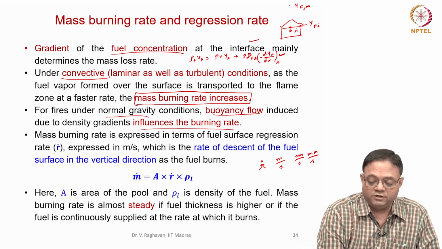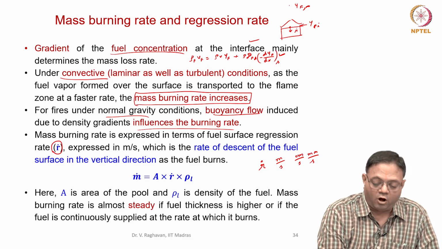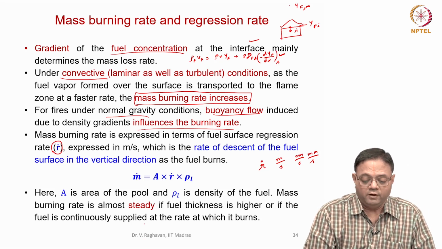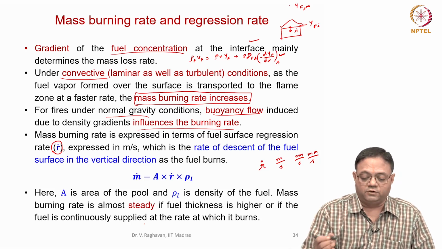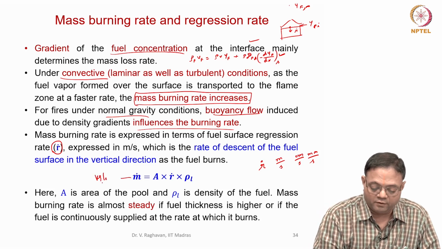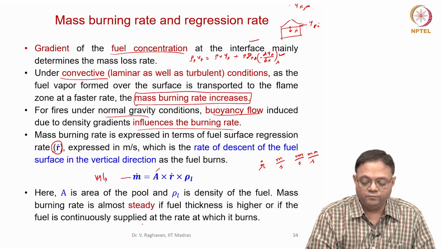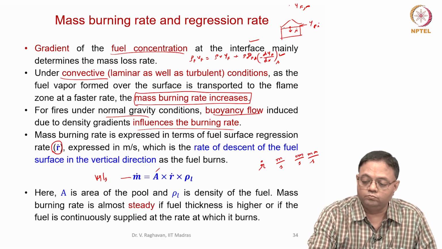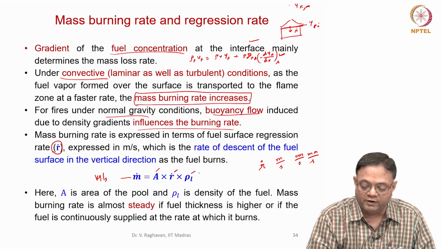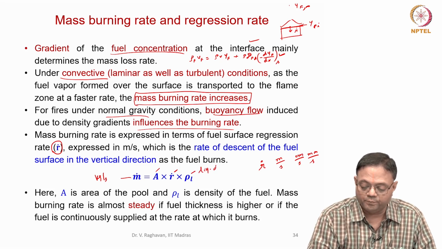The rate at which the surface regresses, R dot, can be associated or expressed in terms of the mass loss rate, kg per second, as the area of the pool A into the regression rate R dot into the liquid density. This is liquid density.